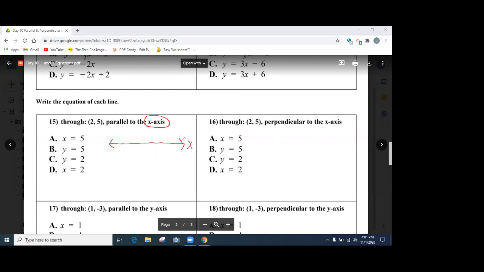This is what the x-axis looks like. Now, once you have the x-axis, we want a line that's parallel. Well, what would a line that's parallel look like? Well, it would run even. It would be parallel to it, okay? Now, I want you, once you draw this line, to not think about this x-axis anymore. I want you to think only what the slope is here, okay?